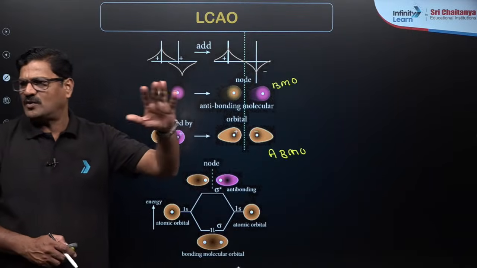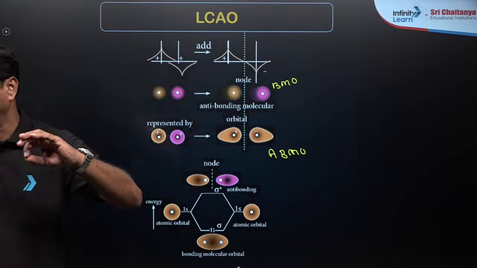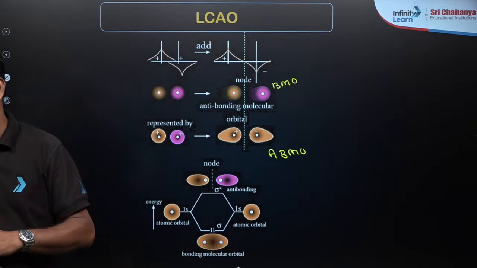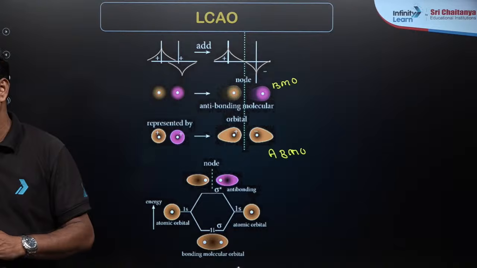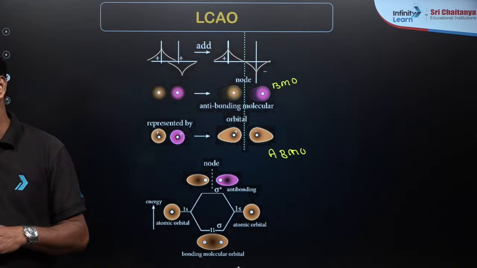One question: how to count bonding and anti-bonding, like 1s and 1s star, and the formula will be bonding minus anti-bonding.